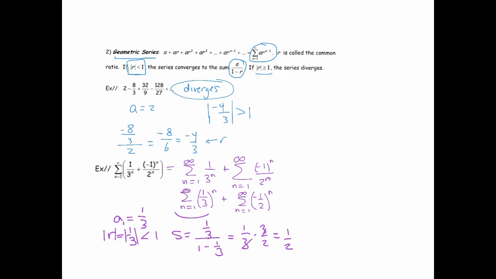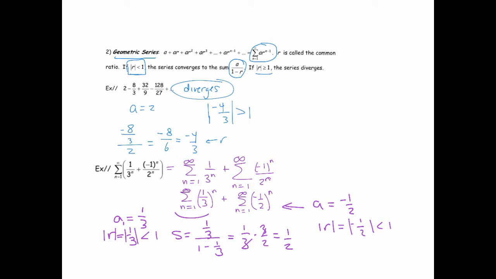And the second series here has a first term equal to -1/2, and the absolute value of the r value is the absolute value of -1/2. That's also less than 1, so it converges as well.